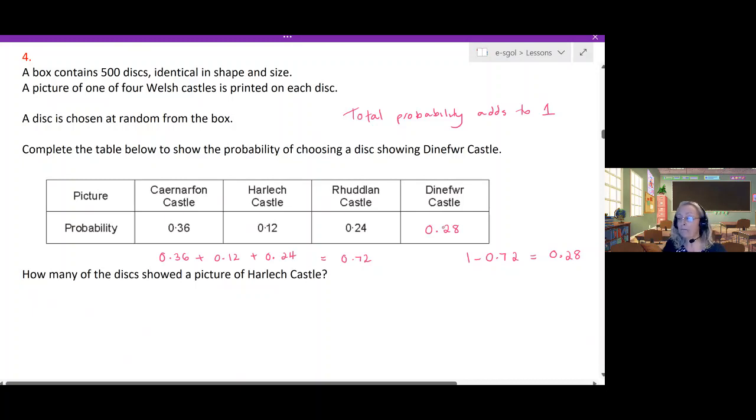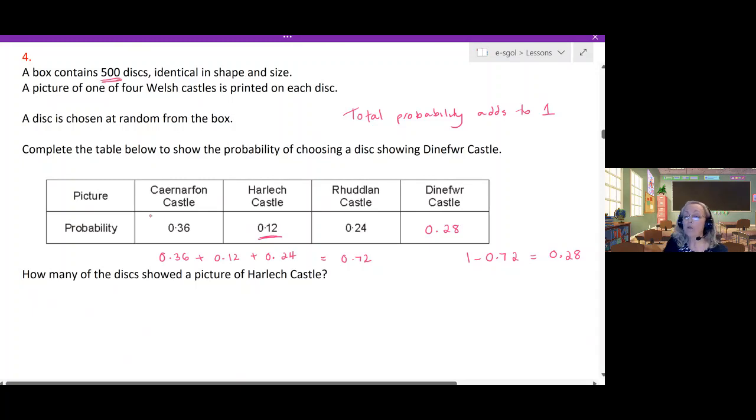For the next part of this question, it says how many of the discs showed a picture of Harlech Castle? Well, I know the probability of it being Harlech Castle is 0.12 from the table here. And then I need to look further back into the question, and up here, it says there were 500 discs.